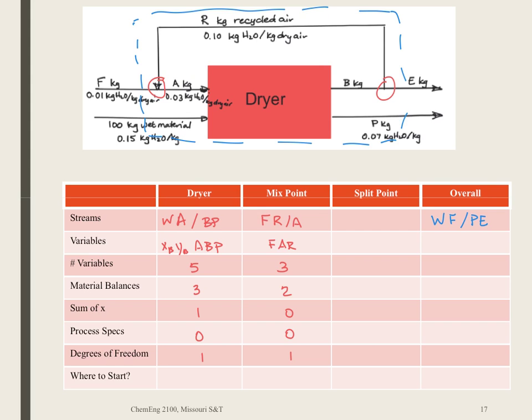Okay, so my variables at this stage, well, I know the flow rate of the wet material, but I don't know the flow rate of F, P, or E, and I need the composition of stream E. So therefore I have 5 variables. I can do a total of 3 material balances because all components are involved in the overall system. I get 1 sum of X equation, no process specs, and again I have 1 degree of freedom.